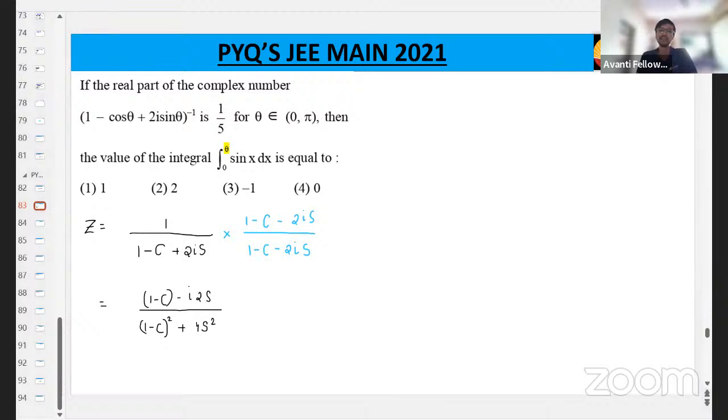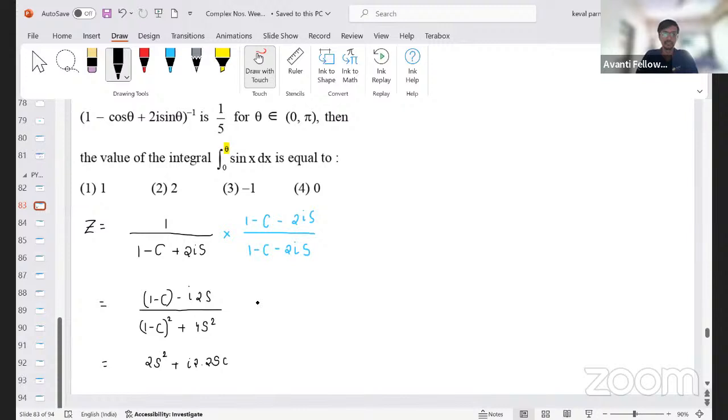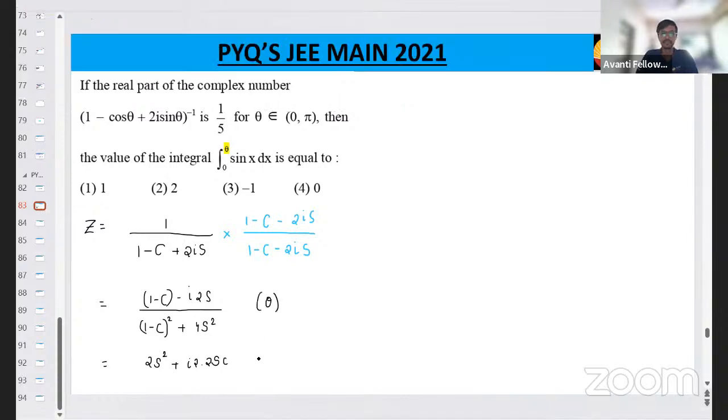Next, it is better if we convert it into half angle. So what do we have here? 1 minus cos is 2 sin square, plus i times 2 sin, and sin theta is 2 sin cos. Just remember here the angle was theta. Since we use half angle, the angle became theta by 2.